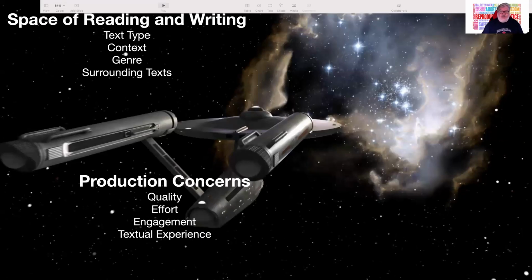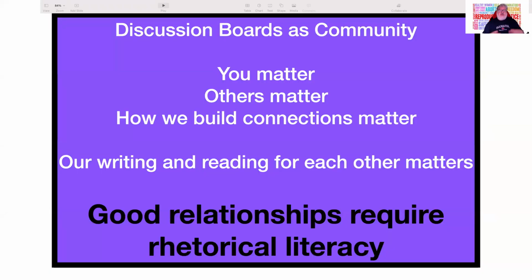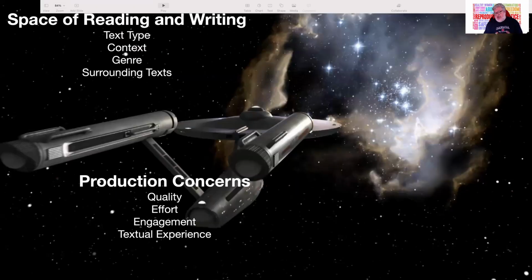These areas of the rhetorical situation, of rhetorical literacy, allow you to think about some pretty deep level stuff when it comes to writing, and you can apply this thinking to multiple spaces of writing. When you read a book, when you watch a movie, when you write a song, both from the reading side and the writing side, you can analyze the rhetorical situation to make that situation more meaningful for yourself.